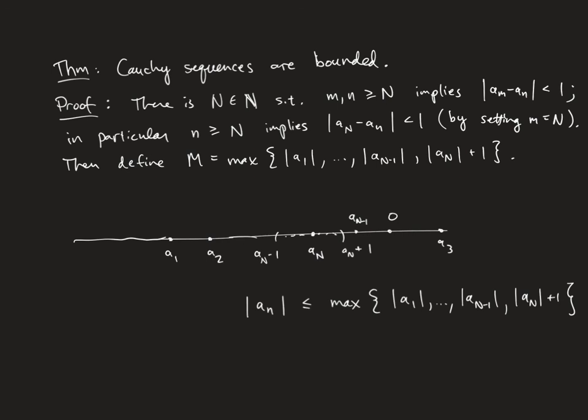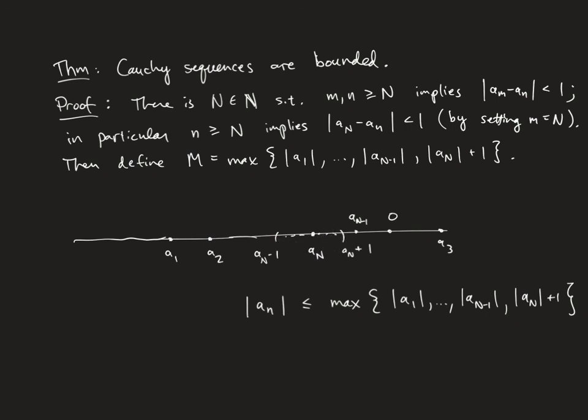So when little n is between 1 and capital N minus 1, that's obvious, because those numbers appear in this list for the max. And then we'll have to use a little argument for the other values of n, the infinitely many values of a sub little n that fall into this interval.